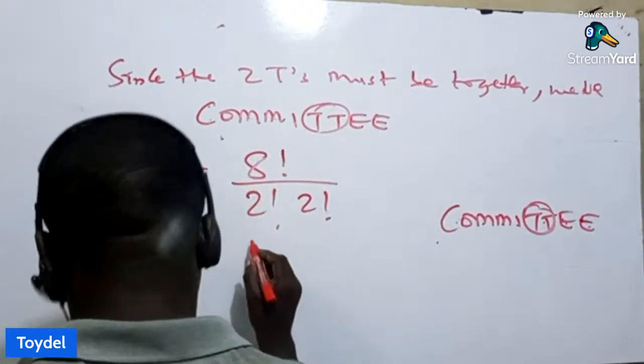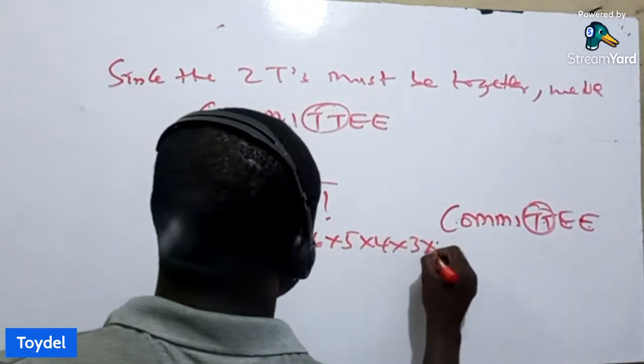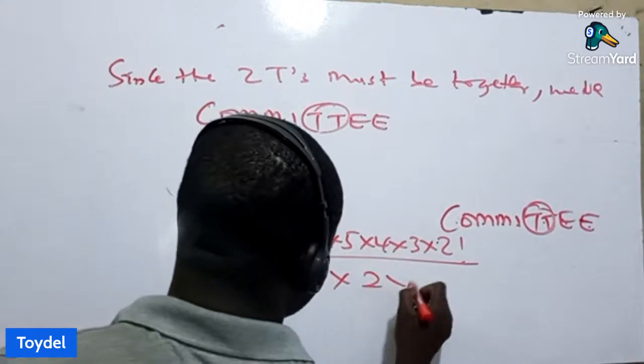Then in this case, we are going to have 8 times 7 times 6 times 5 times 4 times 3 times 2 factorial all over 2 factorial times 2 factorial, which simply means 2 times 1.